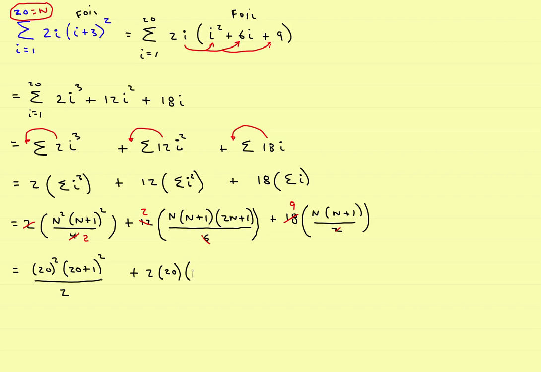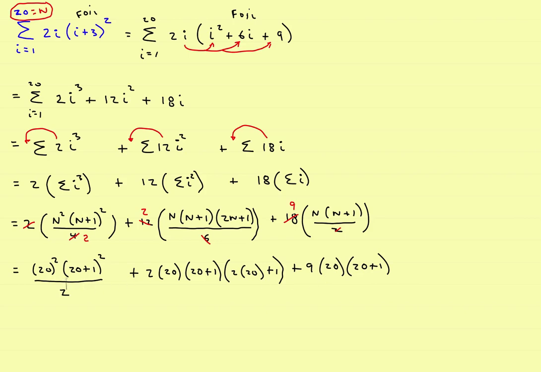Then this is going to be 20 plus 1, and then this last part would be 2 times 20 plus 1. And finally the last one would be 9 times 20, and again times 20 plus 1.